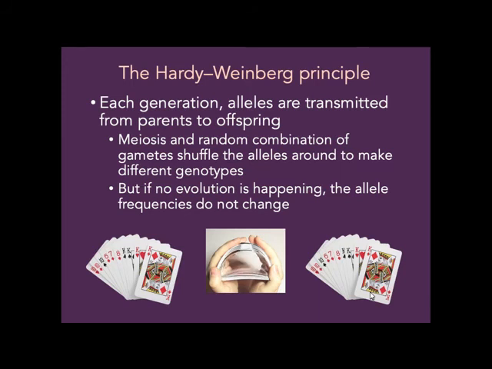So if you started out with the frequency of big A being 0.8 and the frequency of little a being 0.2, after everyone mates with each other, if there's no evolution happening, you should end up with the frequency of big A being 0.8 again and the frequency of little a being 0.2 again, right? So it's like shuffling the cards in a deck, okay? Meiosis and the random combination of gametes shuffle all the cards in a deck, but they don't make a change in the allele frequencies in the population, okay?